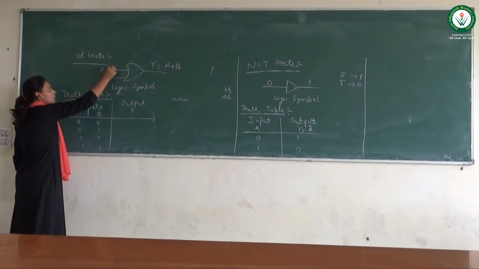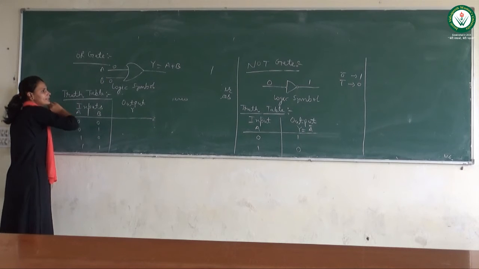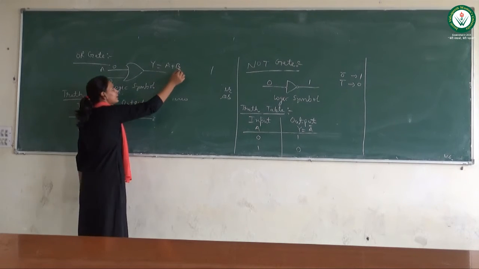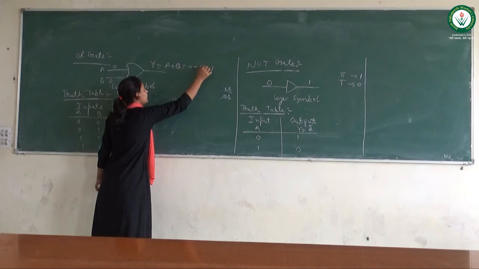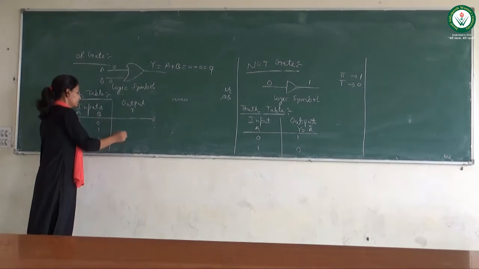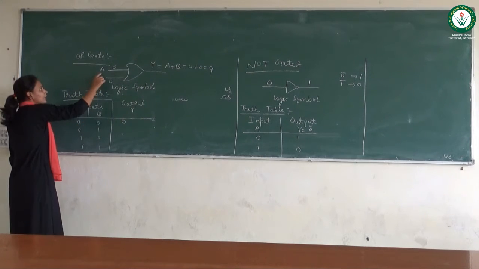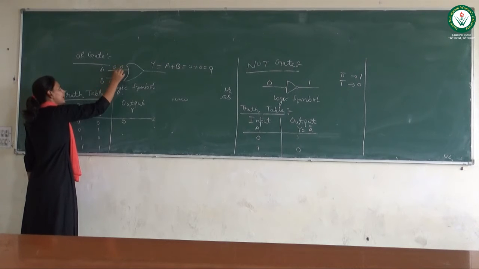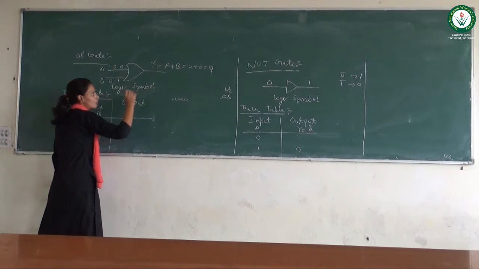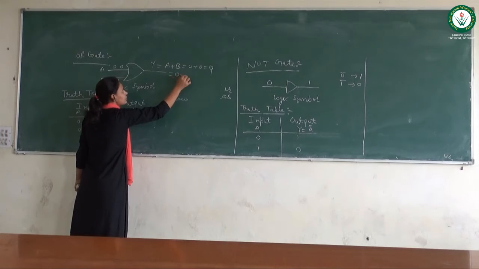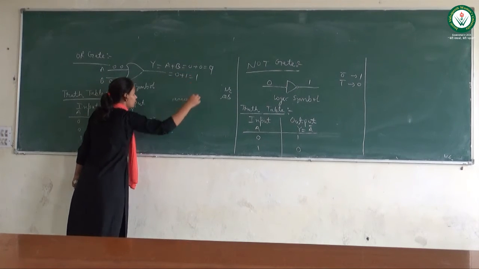If A is 0 and B is 0, then the output of the OR gate will be 0 plus 0, it means 0. If A is 0 and B is 1, then the output of OR gate will be 0 plus 1, which will be 1.